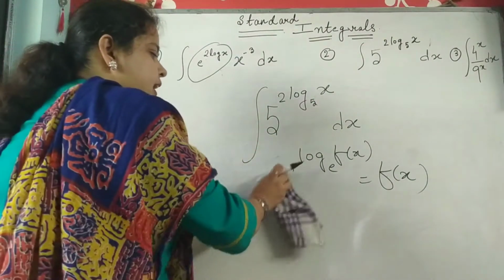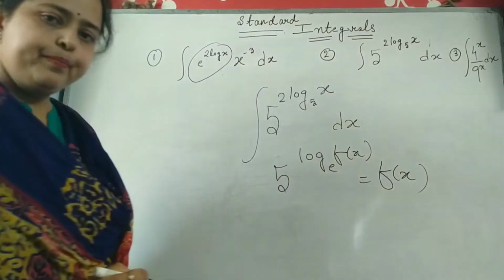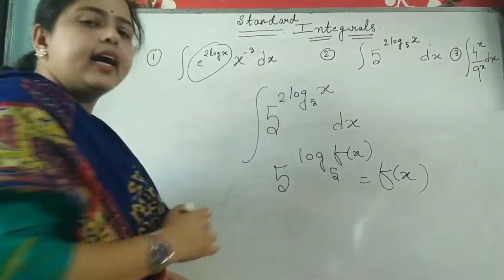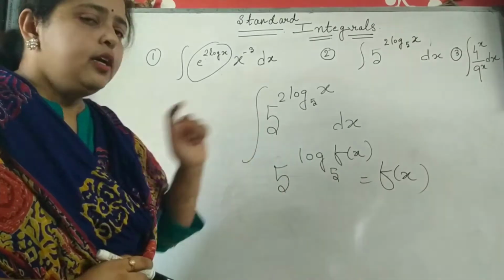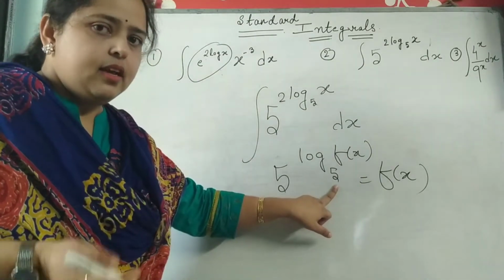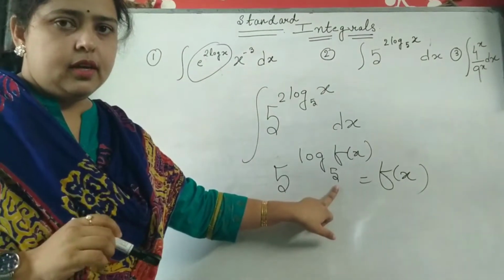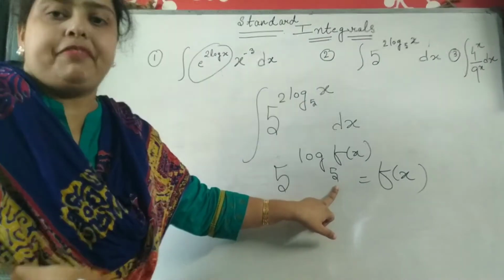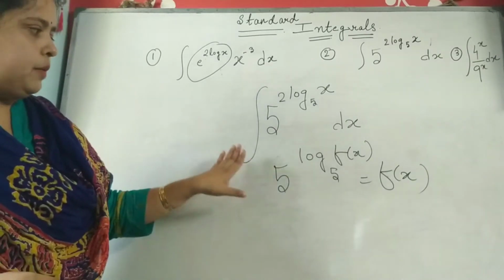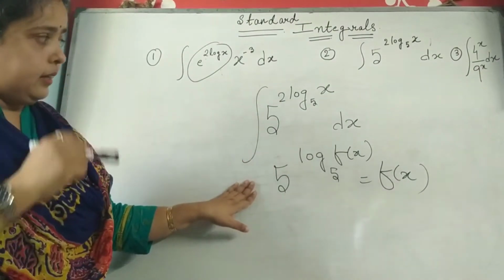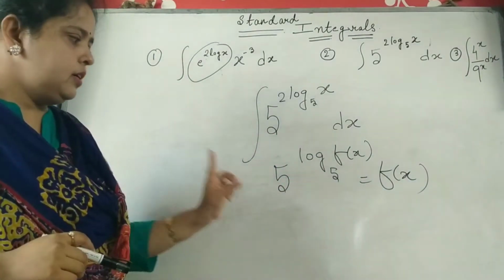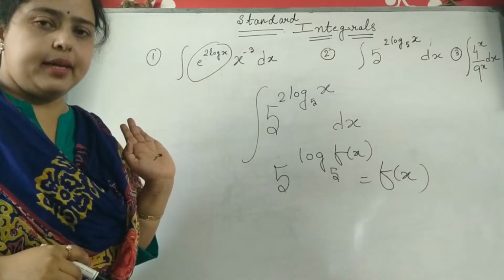So I am writing here 5 instead of e, and if it is again 5, then it will be again f(x). If it would have been something else, then it may not be the same formula. We would have continued with some different technique. But here, in this case, it will be giving you the same, that is f(x). Must remember these two things should be same.